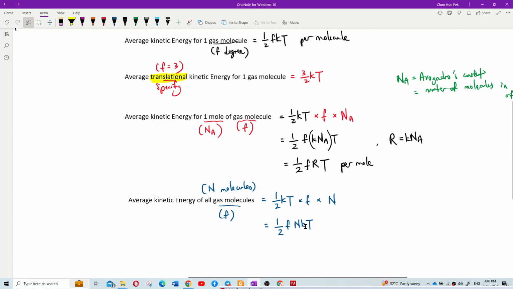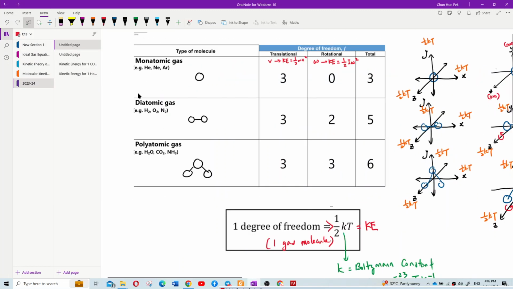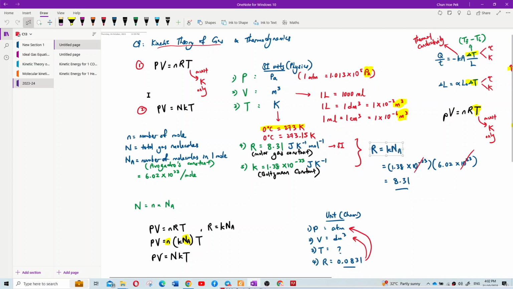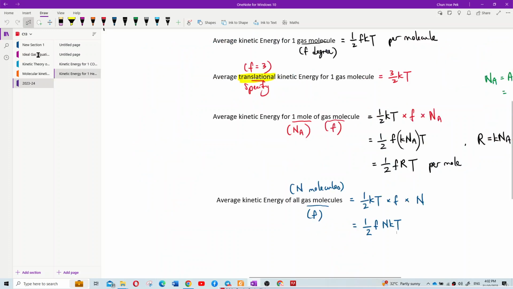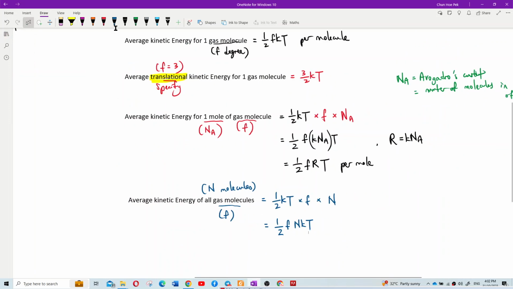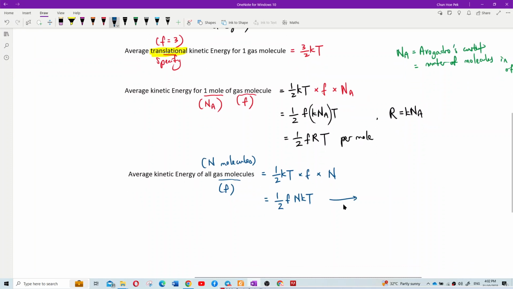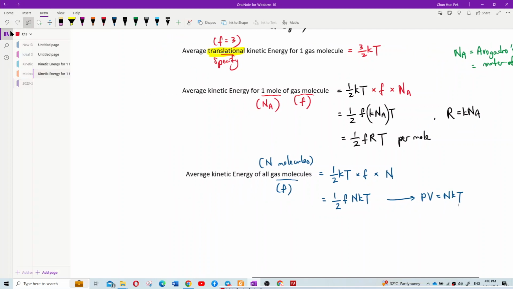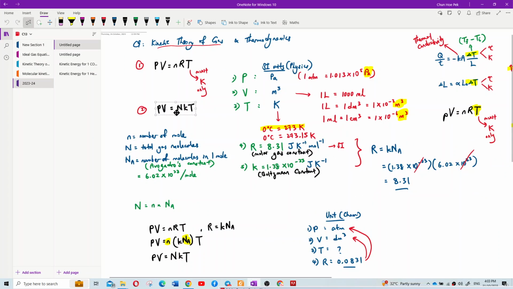Remember what is NkT, class? Pressure volume. So you can change the formula. PV is equal to NkT, and PV also equals nRT.